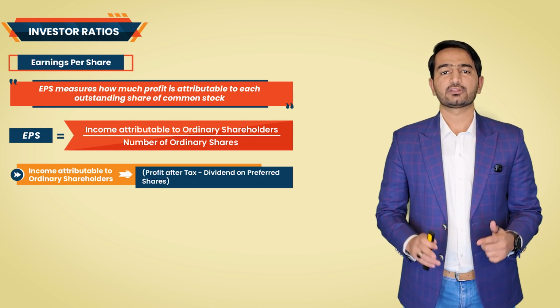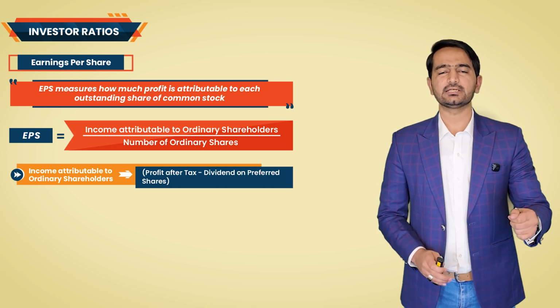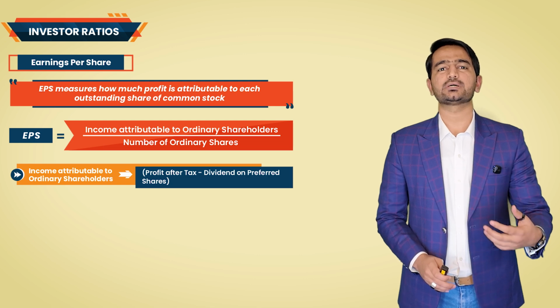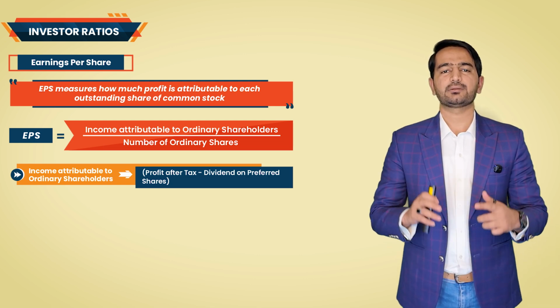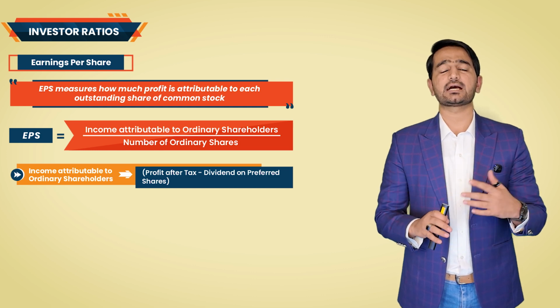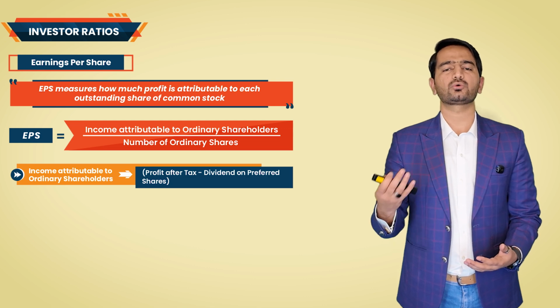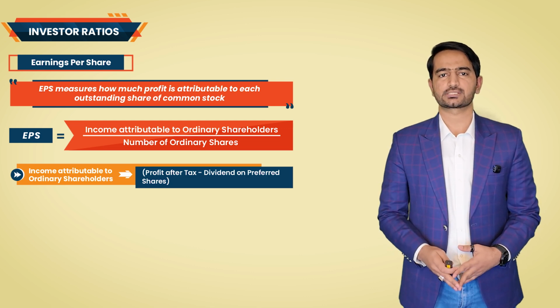From the net income, we deduct preferred dividend. These are the dividends that are an obligation towards the preferred shareholders and must be subtracted from the net income because preferred dividends are typically fixed and take preference over dividend to common or ordinary shareholders.